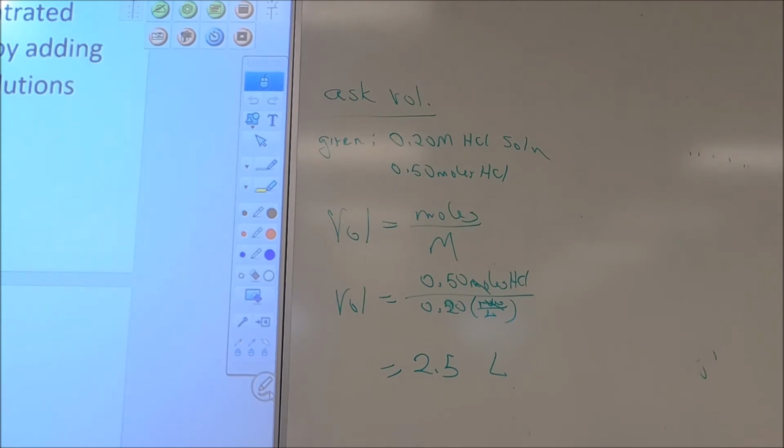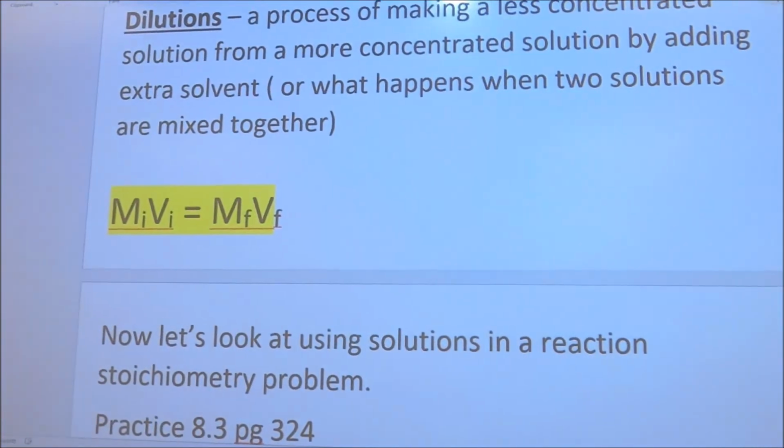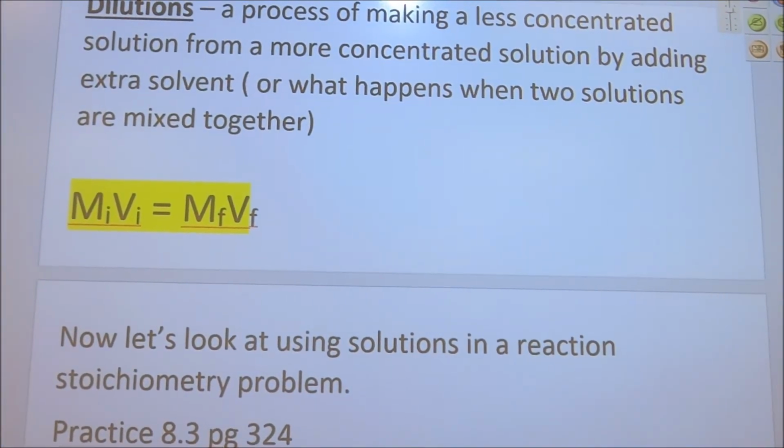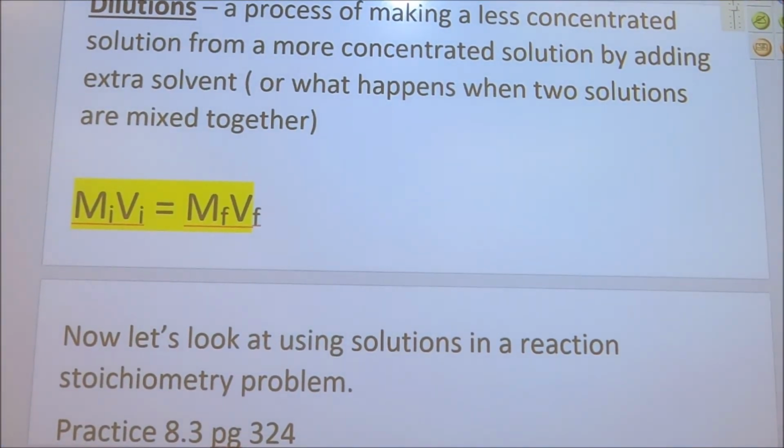Another common practice that we're going to see when dealing with solutions, okay, is the dilution of a solution. I love that, it rhymes. Dilution of a solution. Dilution is a process of making a less concentrated solution from a more concentrated solution by adding extra solvent.